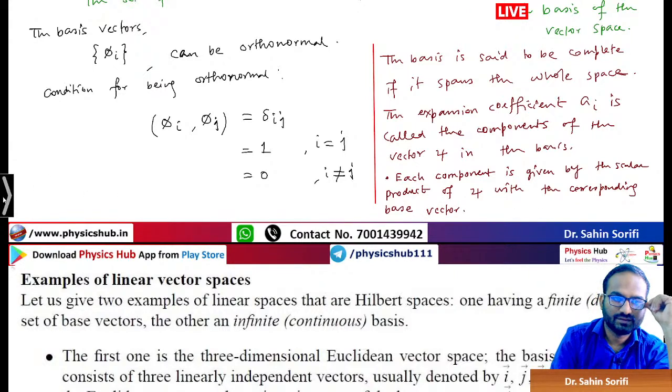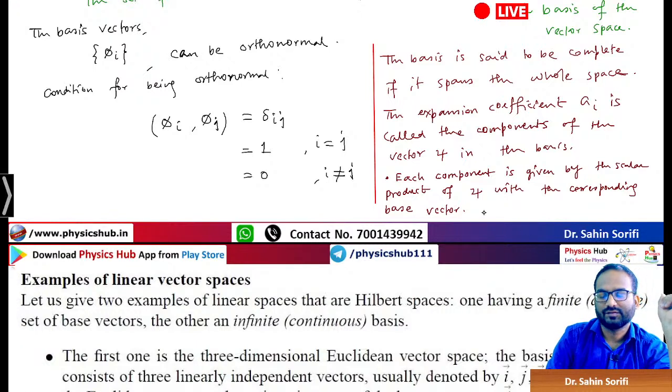Let's say, look, psi we have represented by the linear combination of the other vectors, the sum over i of a i phi i. If you want to get any component, let's say a i or a j, then what are you going to do? If you want to get a j, you have to take the scalar product of psi with the corresponding base vector.